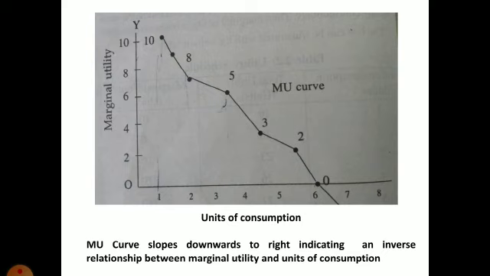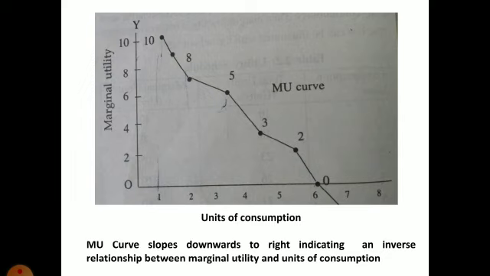It slopes downwards to the right, indicating an inverse relationship between marginal utility and units of consumption. When the stock of the commodity increases, what happens to marginal utility? The marginal utility goes on decreasing.